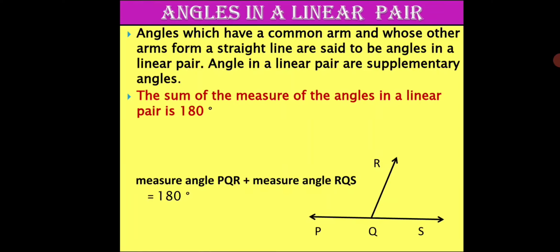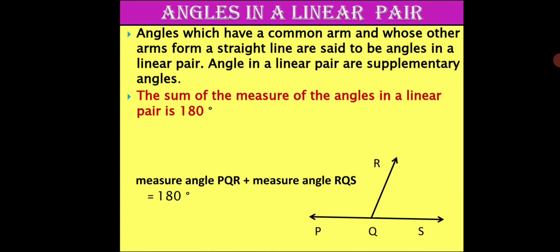If you observe it carefully, you will come to know that. It means the angles which have a common arm and whose other arms form a straight line are said to be angles in a linear pair. So angles in a linear pair are supplementary angles. The sum of the measure of angles in a linear pair is 180 degrees.